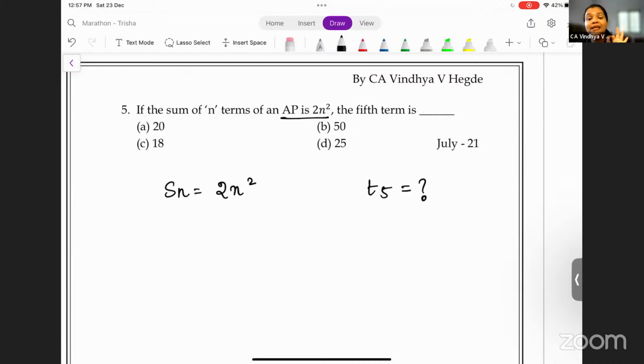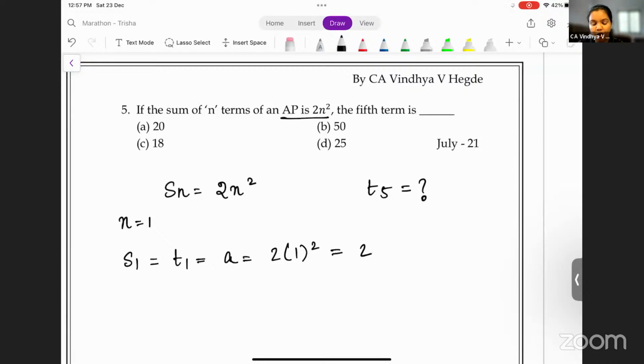Now, if you consider n as 1, you will get S1. S1 is nothing but the sum of the first term. Sum of one term is nothing but the first term, right? So this is nothing but T1, which is equal to A. So you get 2 into 1 square, which is 2.